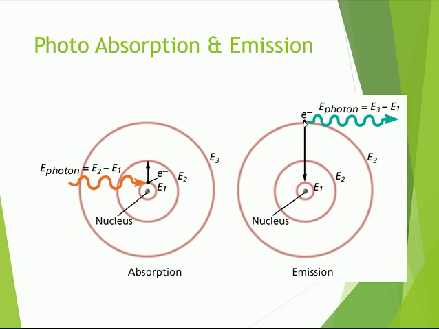If this electron were to fall all the way from energy level 3 to energy level 1, that is a larger drop. More energy is going to be emitted in that instance, and the energy of that photon will be greater, meaning the frequency of light emitted will be greater. And so you'll see a movement from the red or low end of the visible spectrum to the purple or violet, the higher energy end of the spectrum.